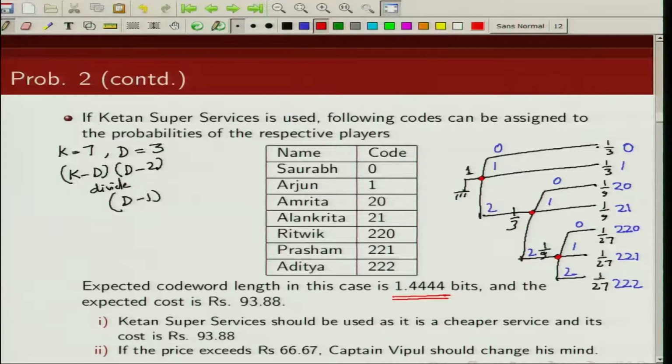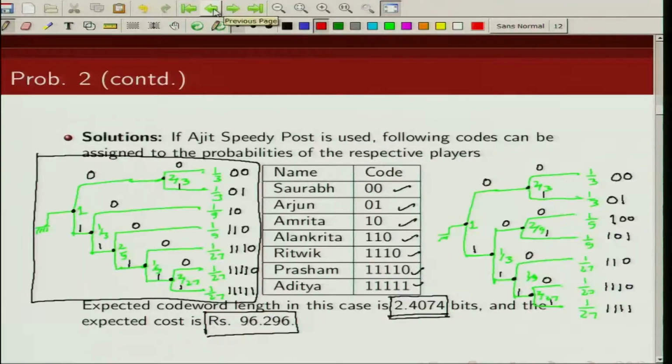Now Kaitlyn Super Services charges 65 rupees per ternary bit. So if I multiply 65 into this expected code word length, the cost that comes out is 93.88. And what was the cost for Ajit's speedy post? It was 96.3. So that is more.